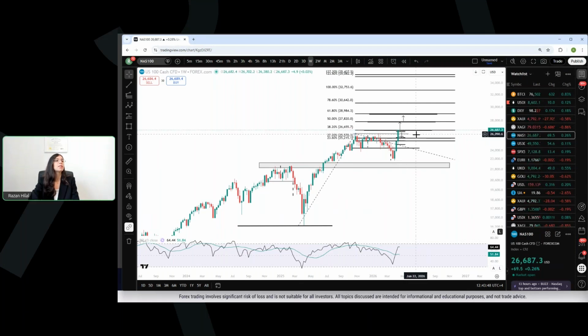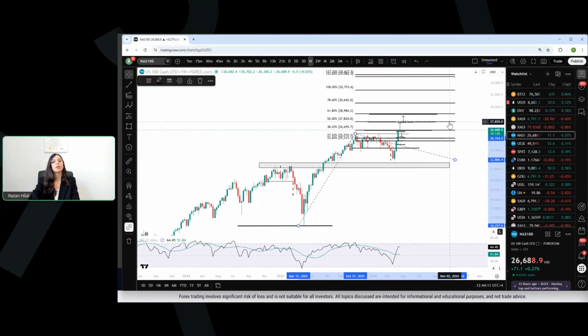Of course, we can see some volatility towards the 26,700, yet a clean weekly close above the zone is likely to extend a bullish forecast towards 27,800 and the golden 618 near 28,900 to the 29,000 psychological threshold for another potential pullback risk on the horizon.